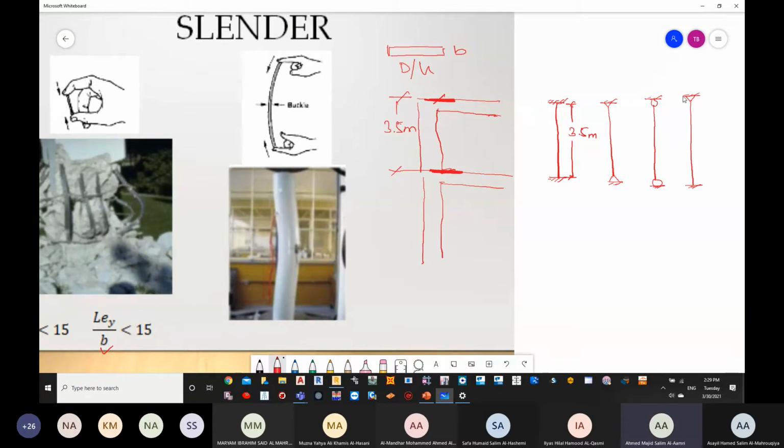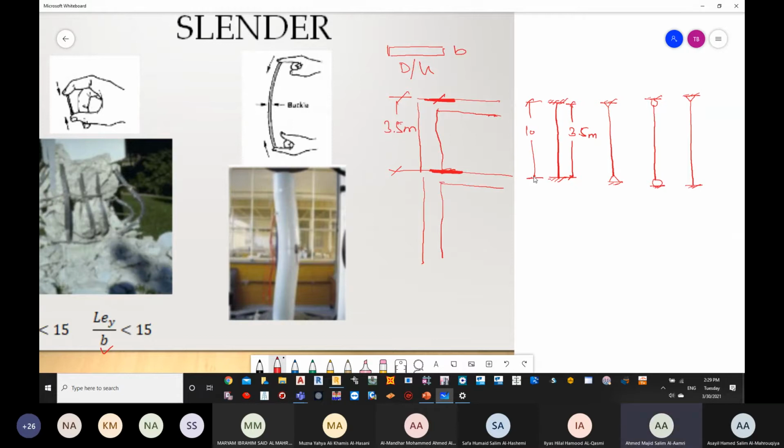The whole length is what we call L0, the basic length. Figuring out which type of supports can be done using the BS code, and we are going to take it in the upcoming classes if there is time for it.